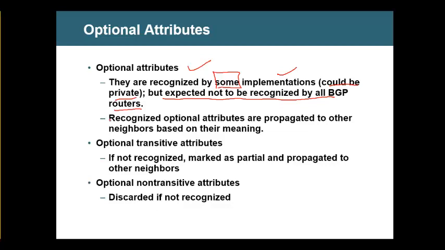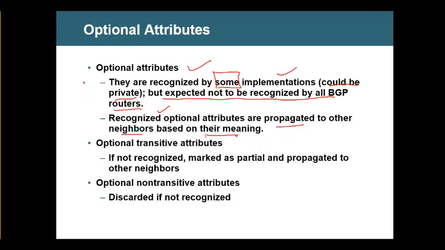If you have something like that, then they are optional attributes. Recognized optional attributes are propagated to other neighbors based on their meaning. It's optional and they are also propagated.